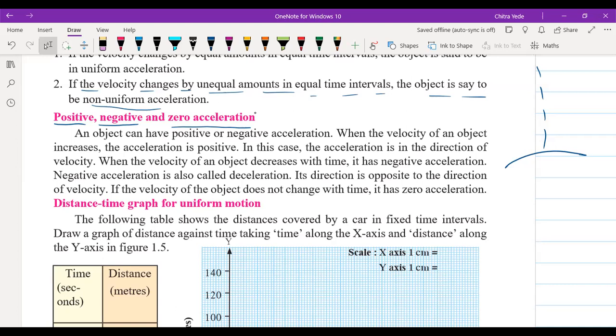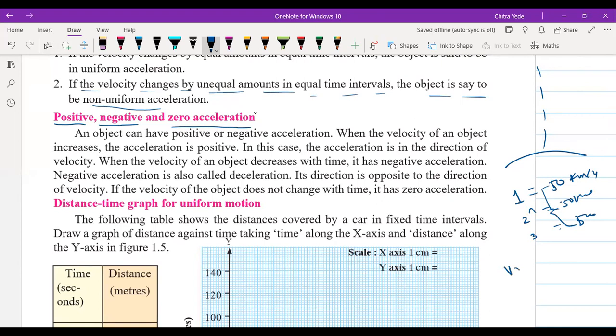If the velocity of the train is fixed, that means in the first hour its velocity is 50 kilometer per hour. Even in the second hour, again the velocity is the same, 50 kilometer per hour. In the third instant, again 50 kilometer per hour. So is its velocity changing? No.